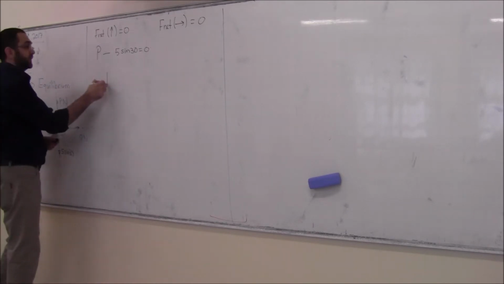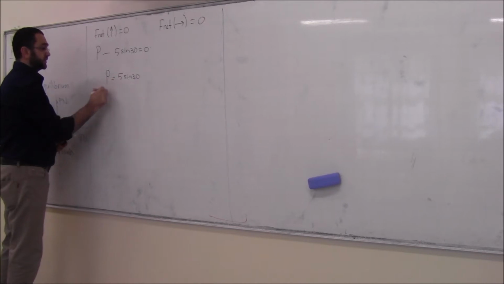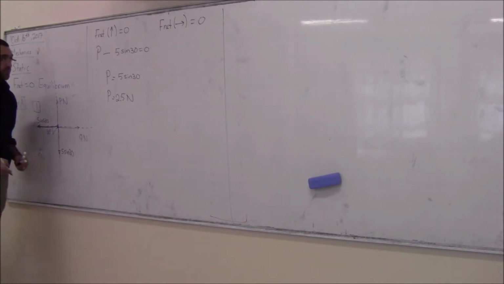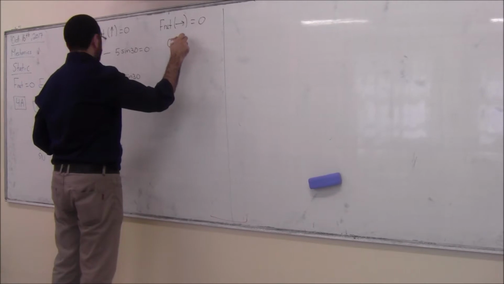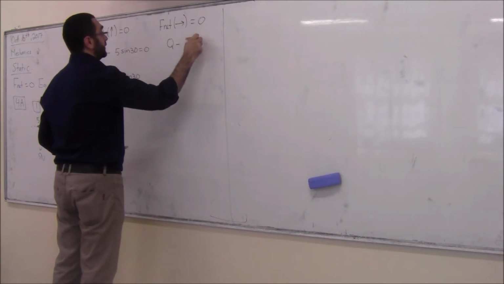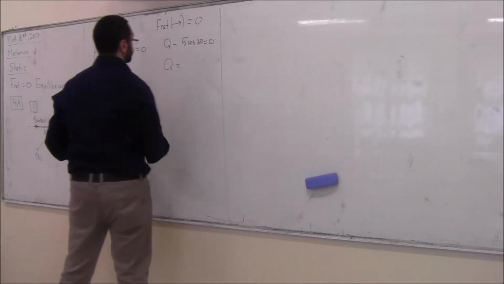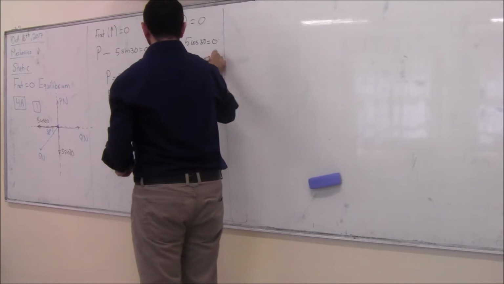So P equals 5 sine 30, 2.5. Yes, excellent. So P equals 2.5 newtons. Along the horizontal, Q minus 5 cosine 30 equals 0. So Q equals what? 30 newtons.